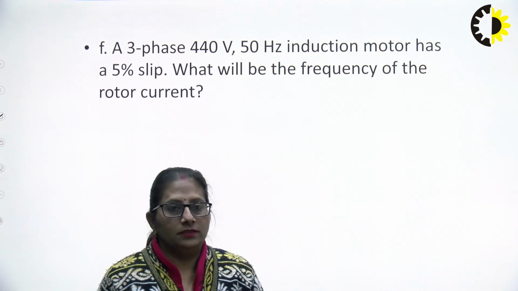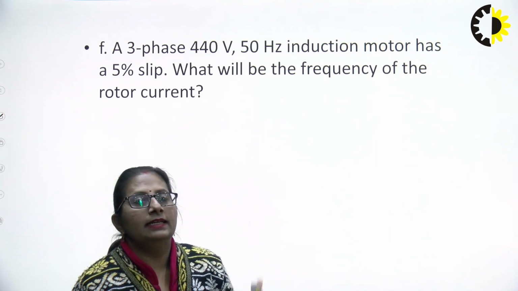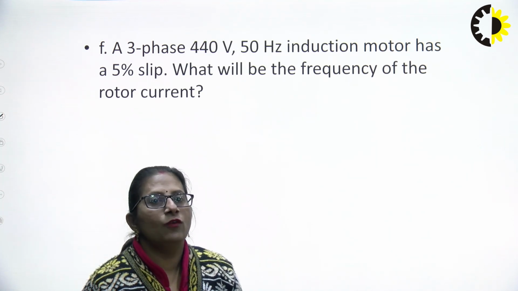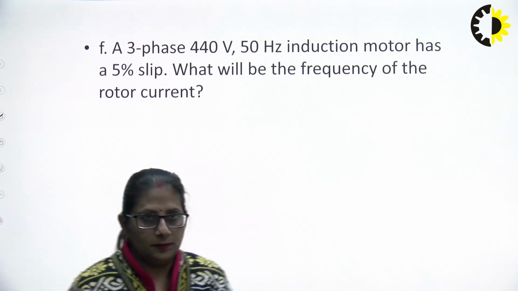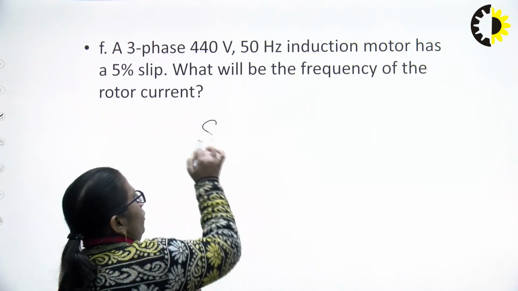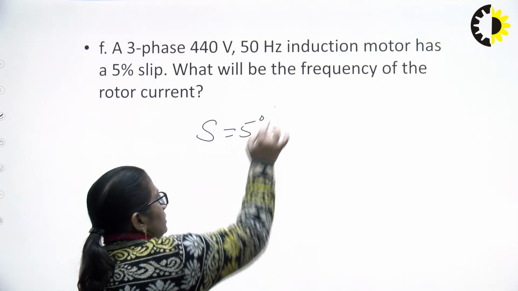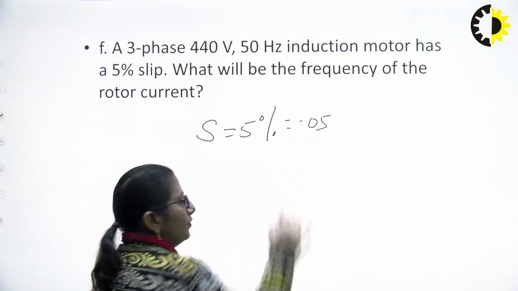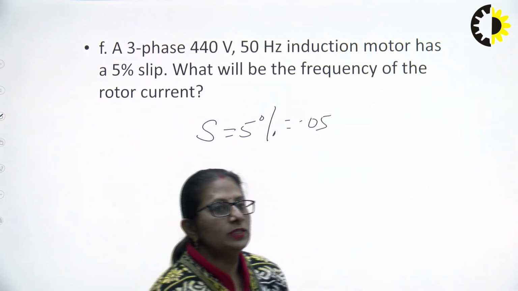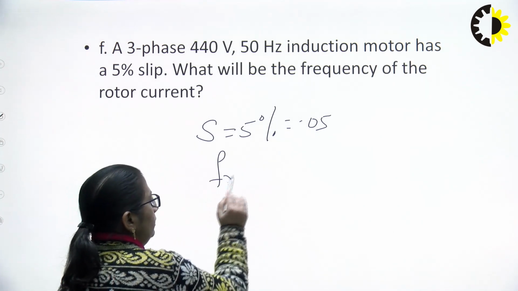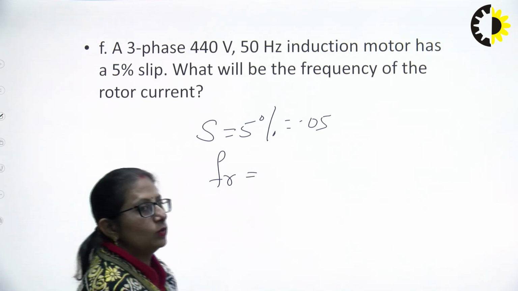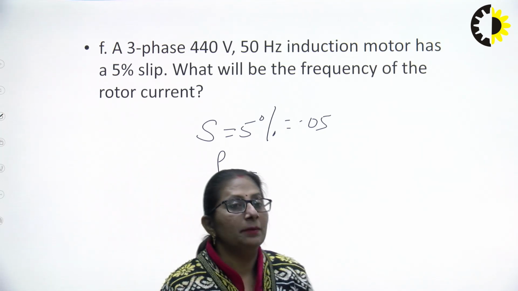The last question in this particular section, that is, a 3-phase 440 volts 50 Hertz induction motor has 5% slip. So, the slip of this induction motor is 5%, that means 0.05. What will be the frequency of the rotor currents, right? We know that the frequency of the rotor current will vary according to the slip.